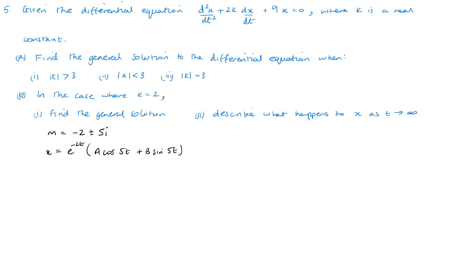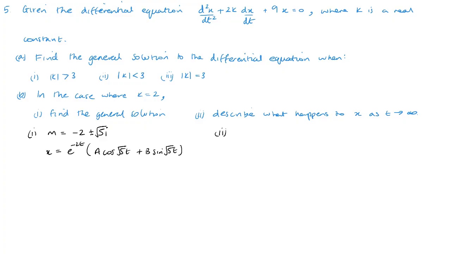Okay. Oh, hang on. It's not 5. It's square root of 5. Rushing ahead there, isn't it? Because it's a square root, so it's 4 minus 9, minus 5, but it's the square root of 5 i, isn't it? My apologies. So that is part 1 done for B.